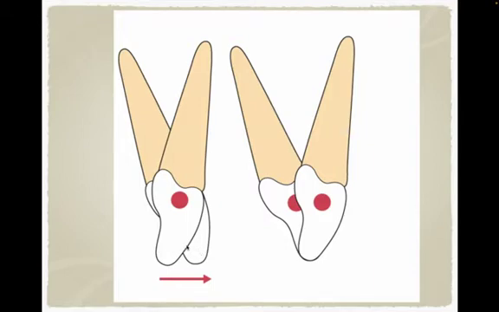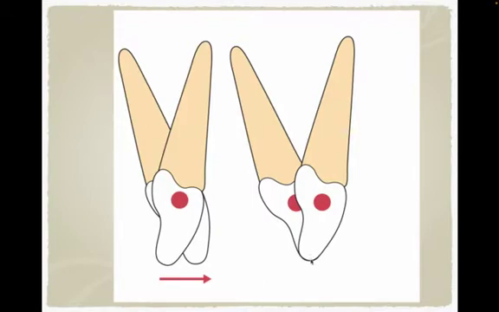So the crown will move in one direction and the root will move in the opposite direction. This results in movement of the crown forward, which is basically a proclination. That will give you space, but it will increase the overjet. While the other diagram here is for when we don't want the overjet to increase.